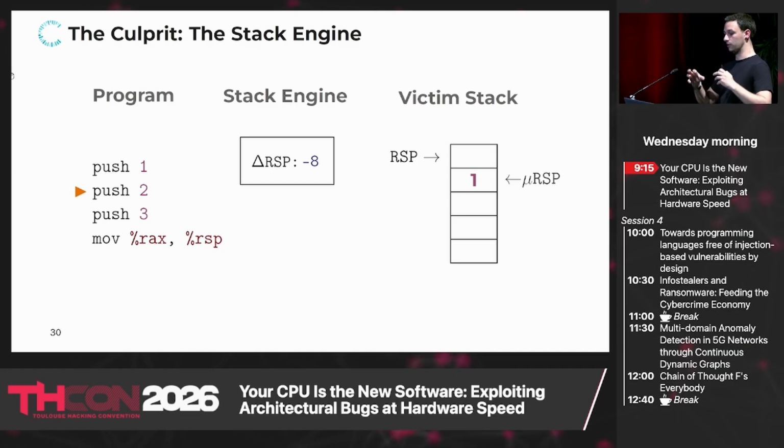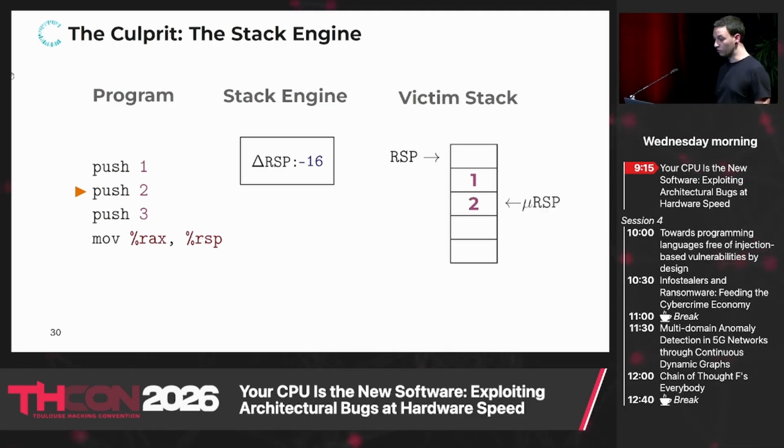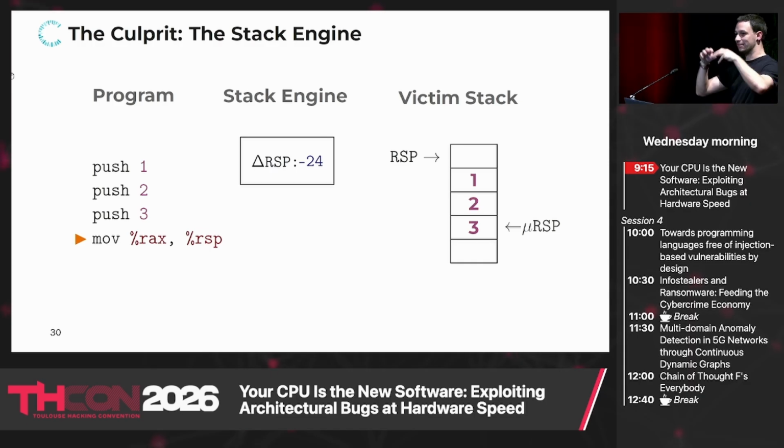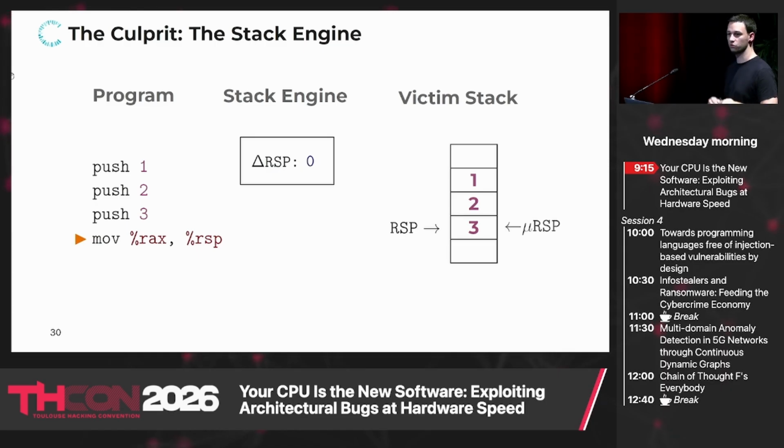The CPU keeps an internal delta of the stack pointer that is stored in a register, separate from the real one where it's supposed to be. So the CPU just keeps track of an offset, and as long as you don't try to access the stack pointer, it will not update. Only if the stack pointer is really read, because you're interested in the value, the CPU synchronizes that, takes this internally tracked delta, and fixes the real register with the stack pointer content. So it looks like it's doing that all the time, but it's not.